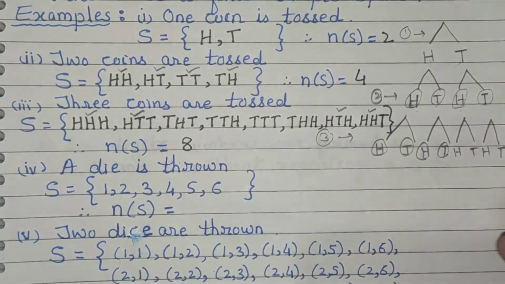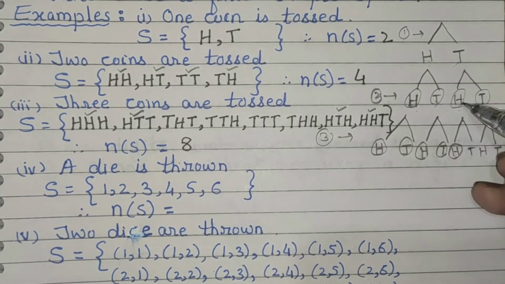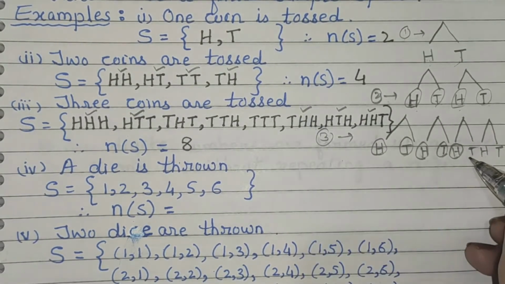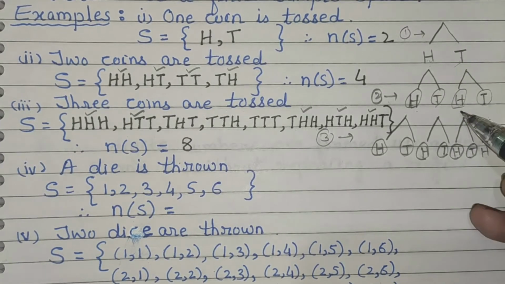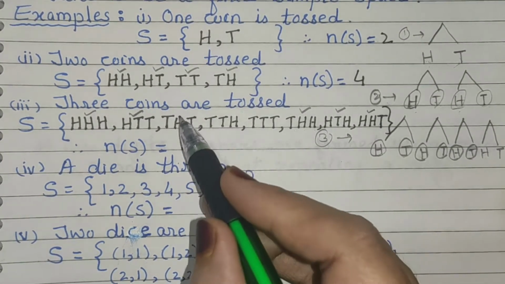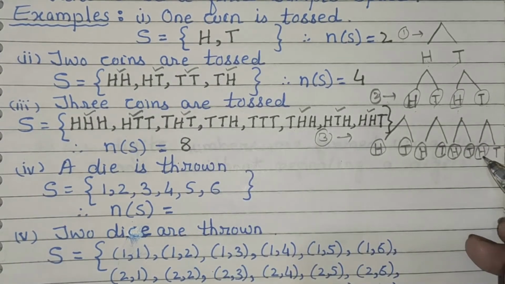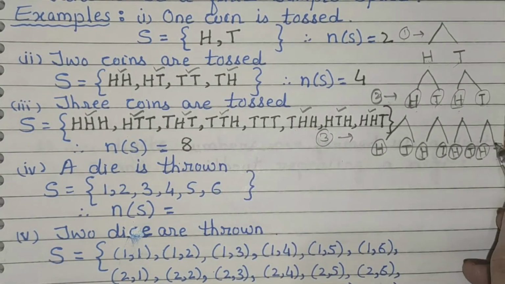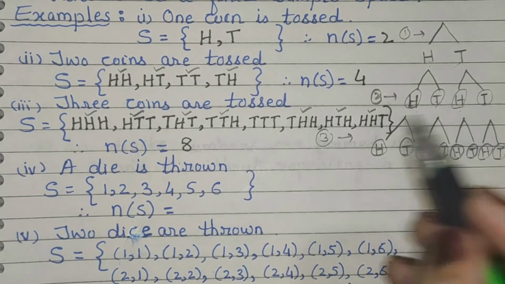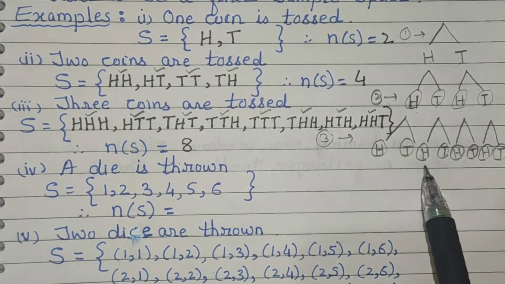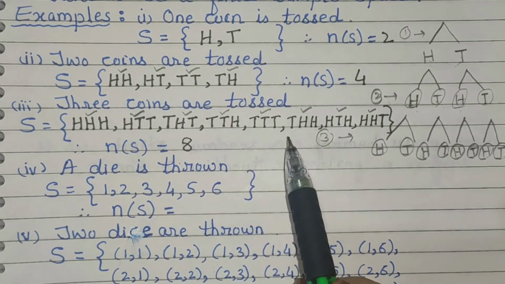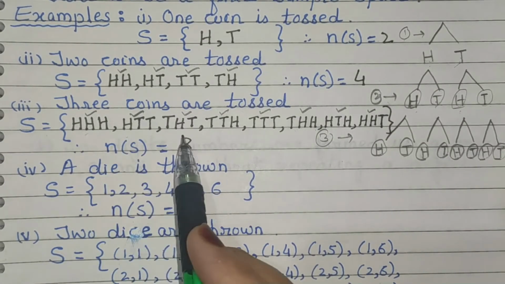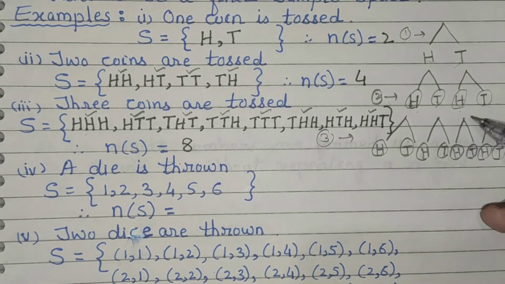Next one is THH. Then THT. Then TTH. The last is TTT. In this way we get all 8 elements in the set S when 3 coins are tossed. Either you can remember it this way or you can draw a tree diagram.